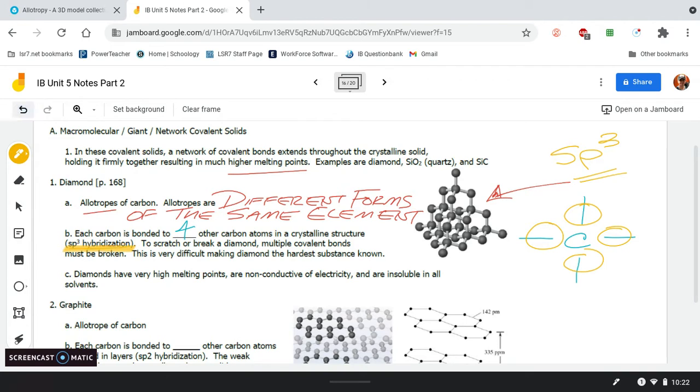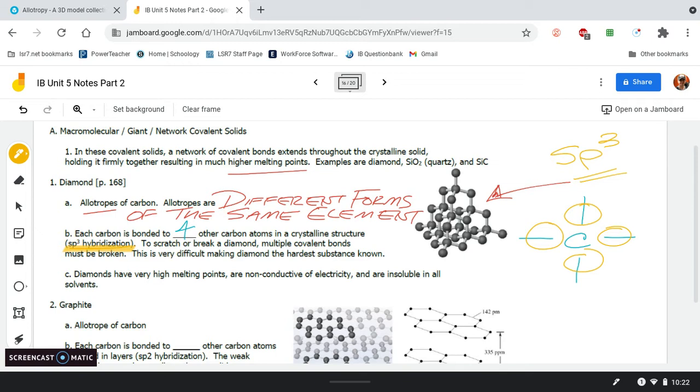More connections means more difficult to scratch, break, etc. It's really, really difficult to disrupt this, which is why diamond is the hardest substance that we have on the planet. So you use diamond on drill bits. If you're going to cut tile, cut concrete, cut granite, diamond is extremely hard. If you want to cut another diamond, you use another diamond.